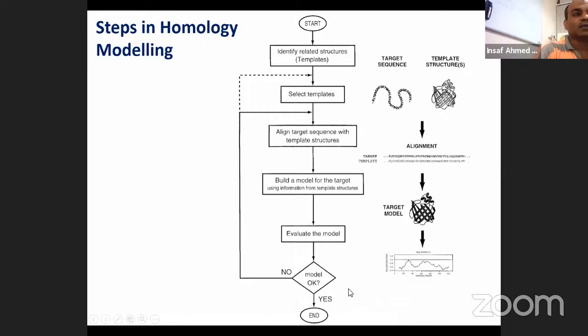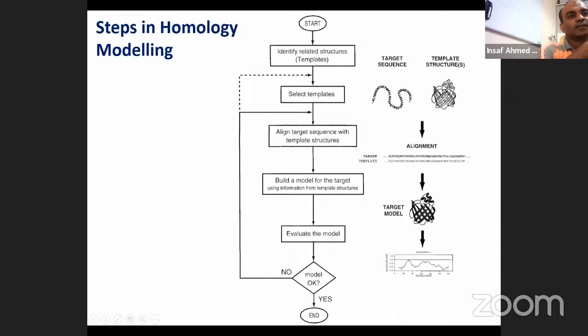And when you get a model, you go for further analysis. So you see here, this is your target sequence. You found a template structure which has sequence homology with this. Then you aligned, and after alignment, you got a target model, and then you checked the Ramachandran plot, and you are getting all residues in the allowed region.